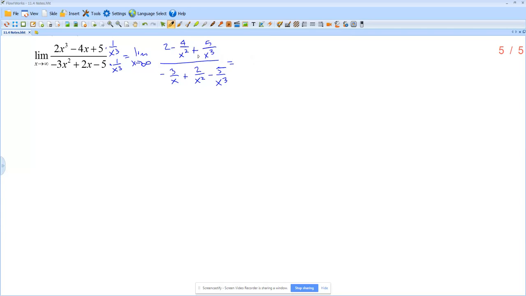Looking at this, if I evaluate it at infinity, I get 2 minus 4 over infinity squared plus 5 over infinity cubed over negative 3 over infinity plus 2 over infinity squared minus 5 over infinity cubed.